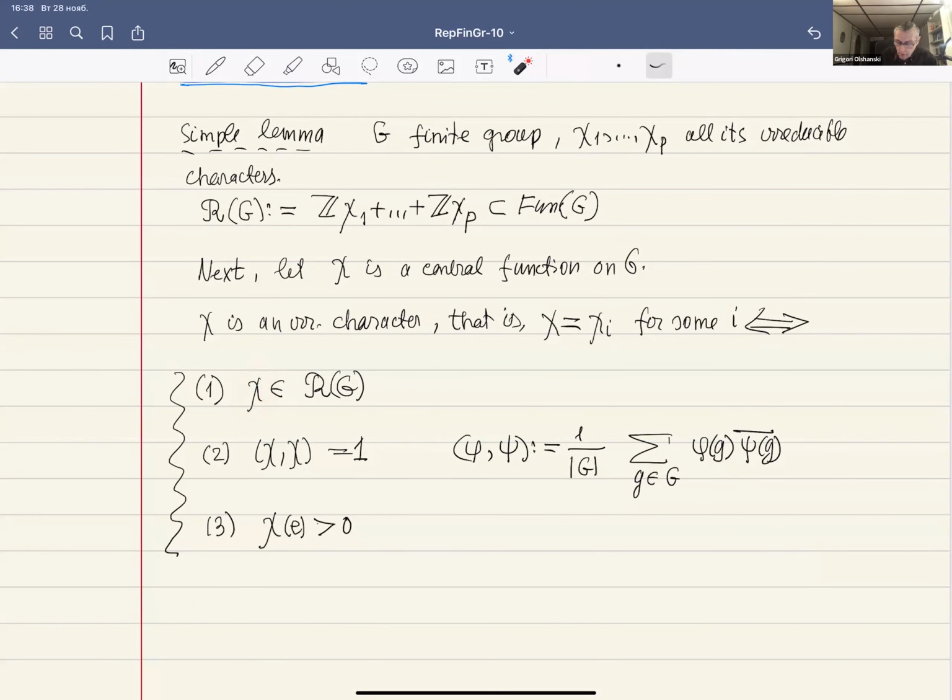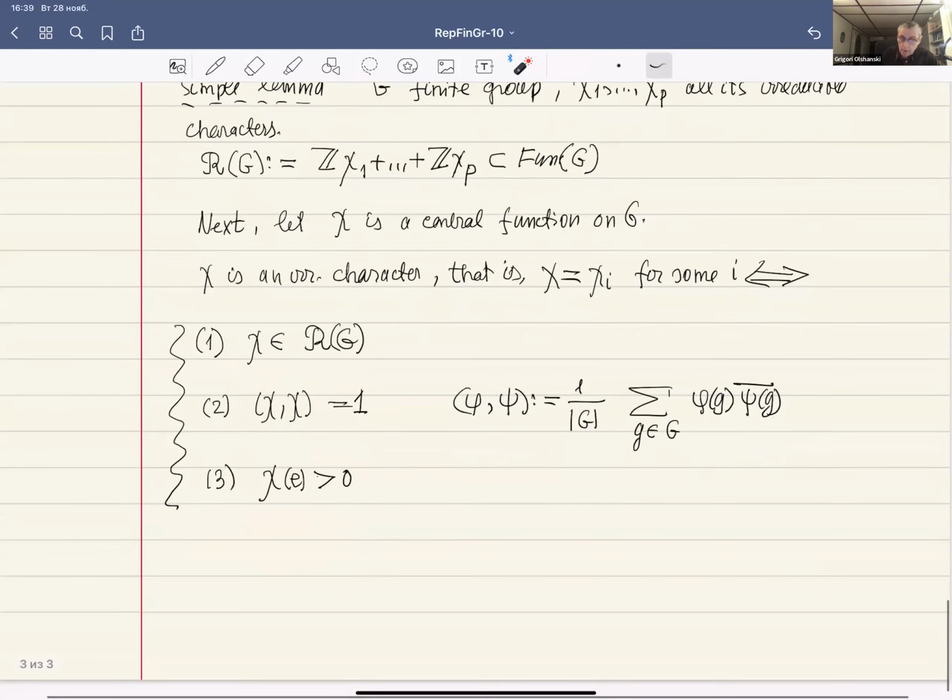Of course, it is equal to 1 because we know that the irreducible characters are orthonormal. They form an orthonormal basis in the space of central functions. And this quantity is the dimension of a representation, and so it must be positive. So this is trivial.